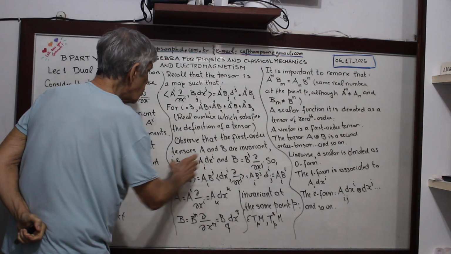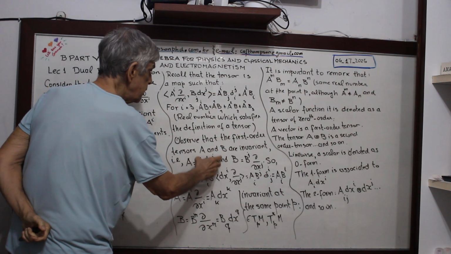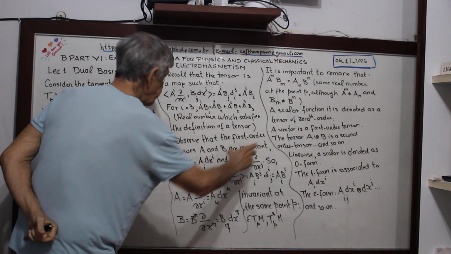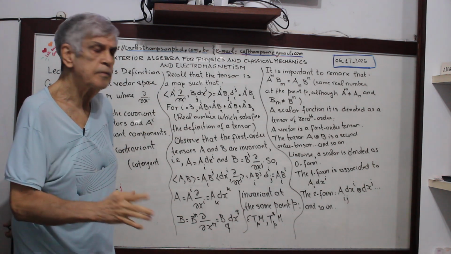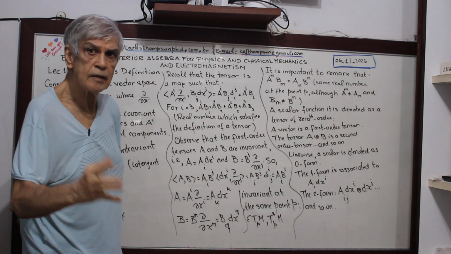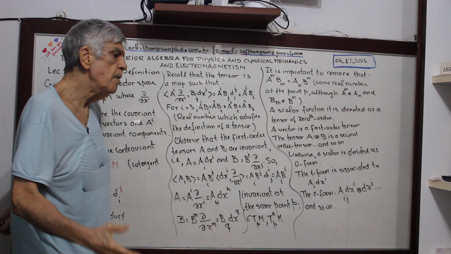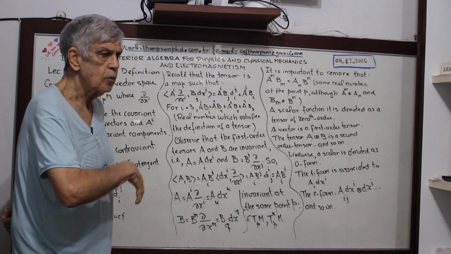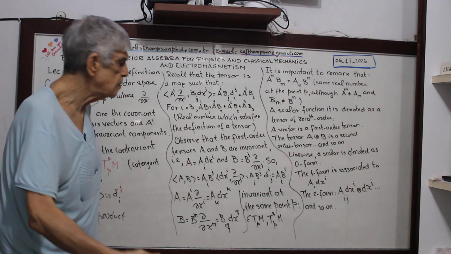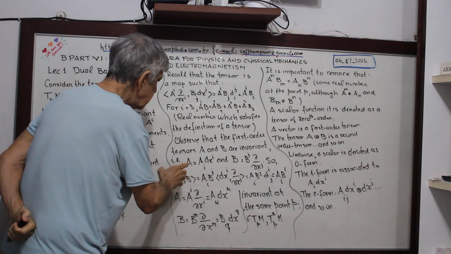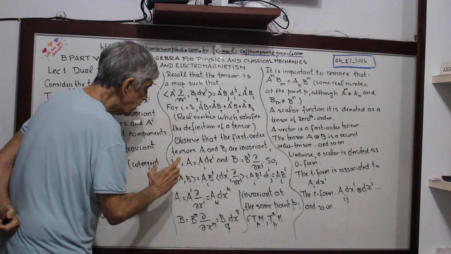Observe that the first order tensors A and B are invariant. What does invariant mean? They do not depend on the coordinate system. Okay, it doesn't matter if I'm working in the covariant basis or the dual basis. Doesn't matter. So A and B are invariant.